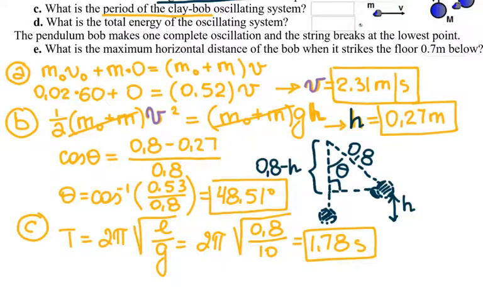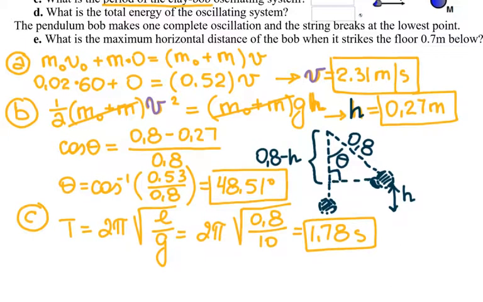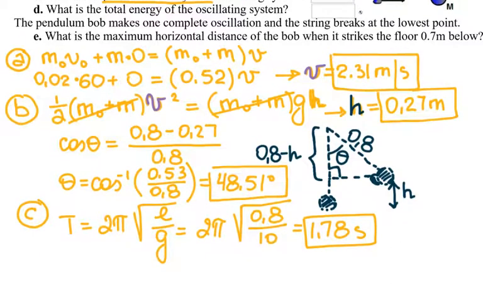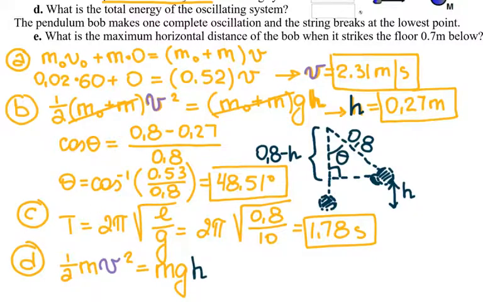For D, they ask, what's the total energy of the oscillation system? So for D, to find the total energy, I can do potential or kinetic energy, it doesn't matter. So I can say that's 1/2 m, and I'm talking about the v that I found in A, squared, and that is equal to mgh, the h that I found in B part.